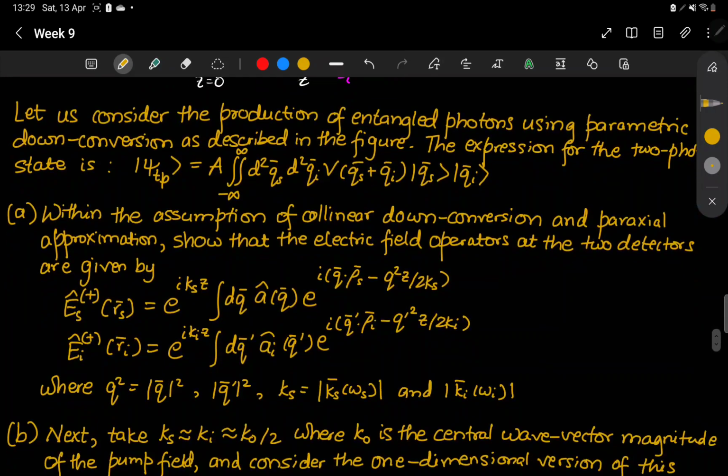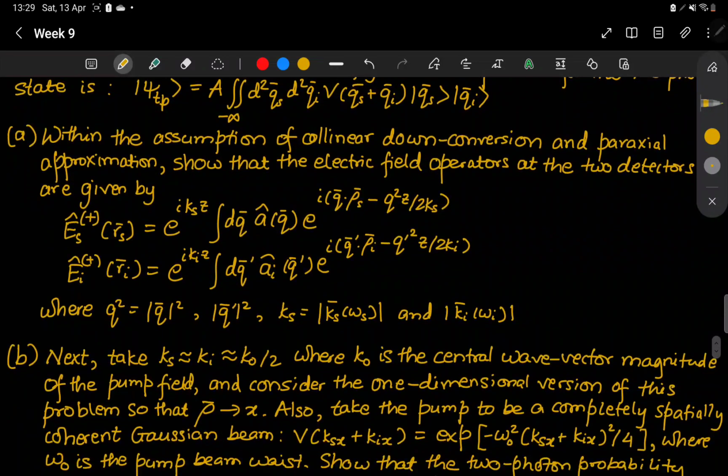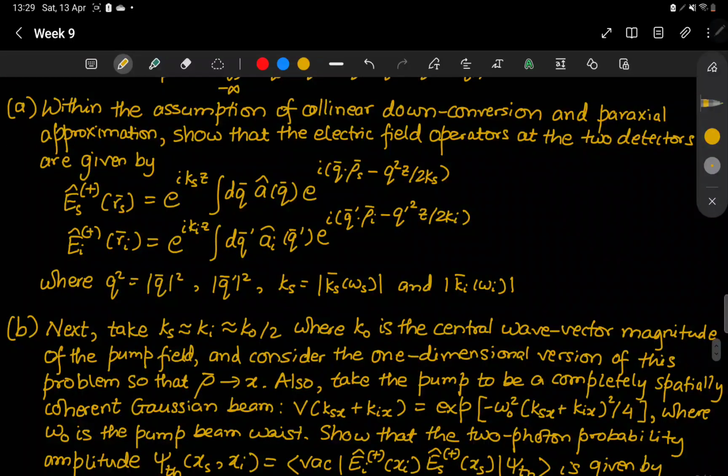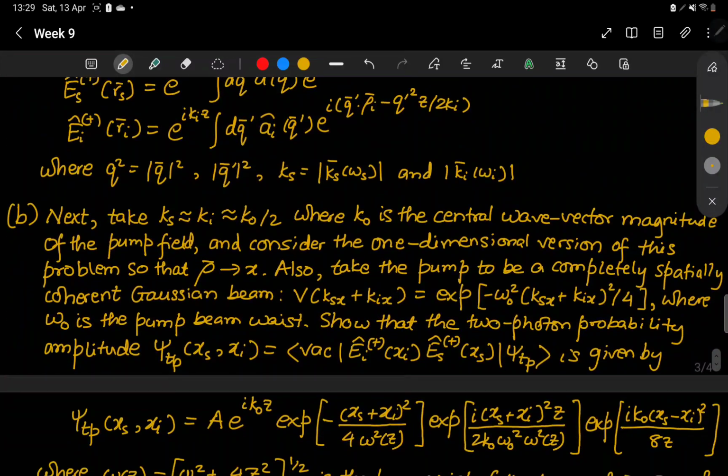Now the question is, within the assumption of collinear down conversion and paraxial approximation, show that the electric field operators at the two detectors are given by the following. Next part, this is part B.